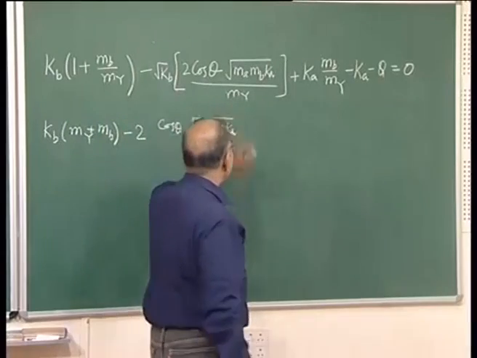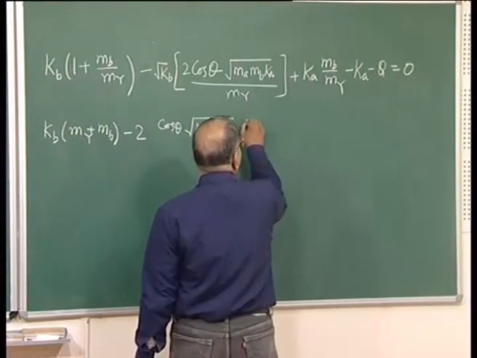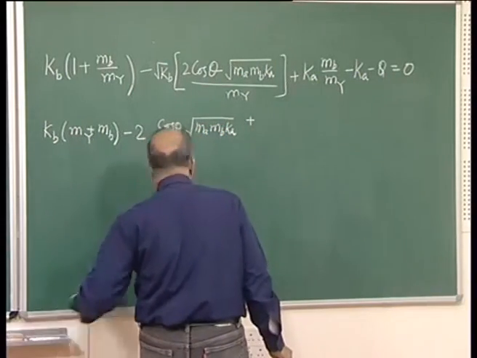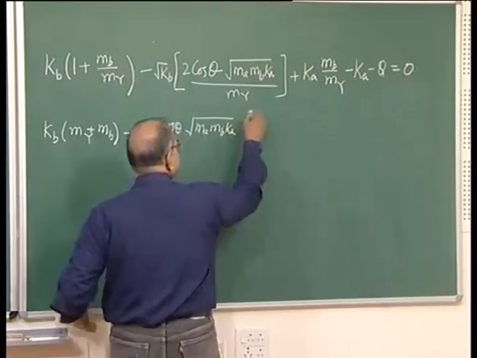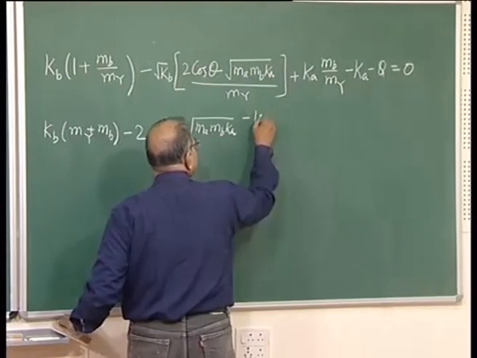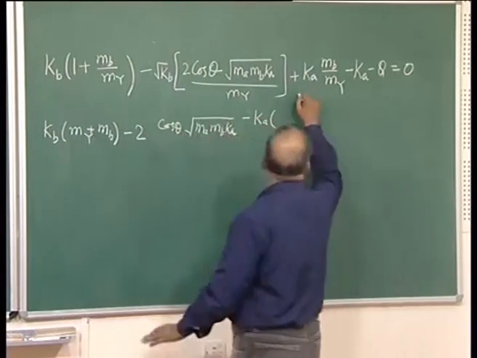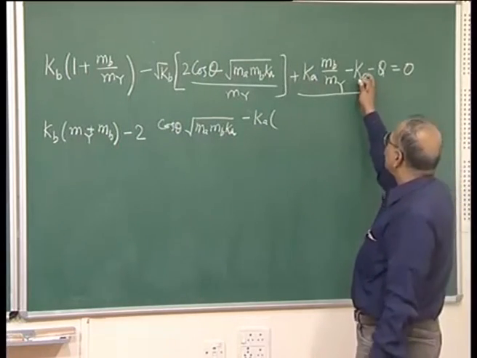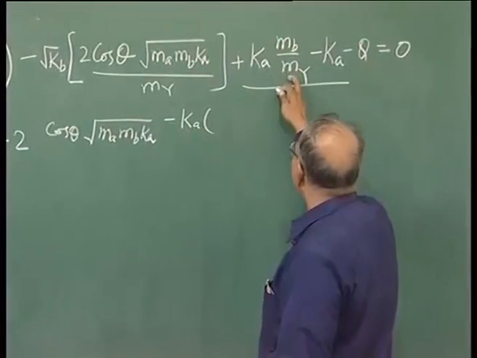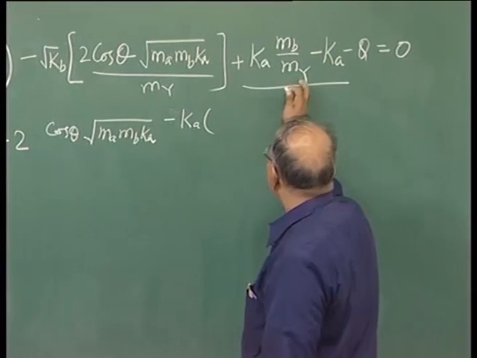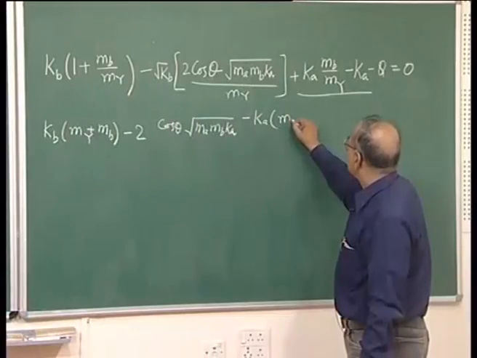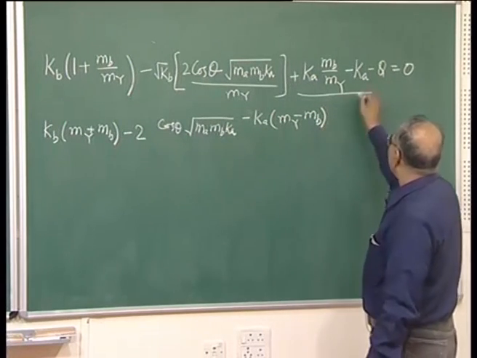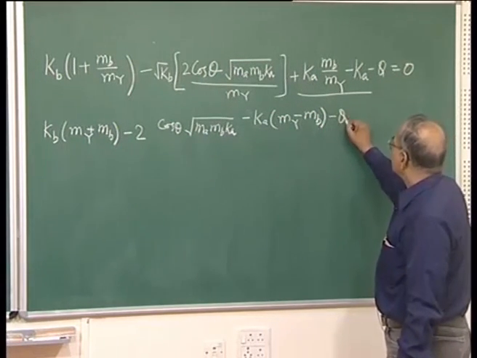This my I have already multiplied, then plus or minus, write it as minus ka taken common from these two terms. So, minus ka taken common, it will be 1 minus mb by my, and I am multiplying by my. So, it will be my minus mb here, and then this minus q is equal to 0.